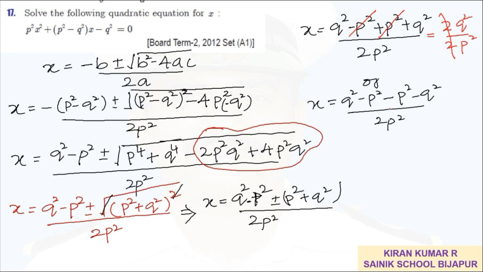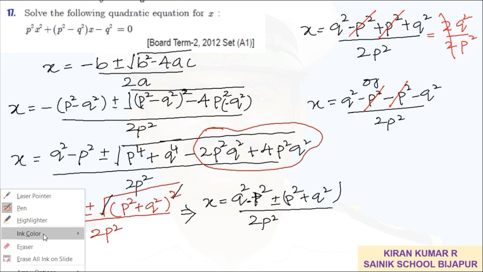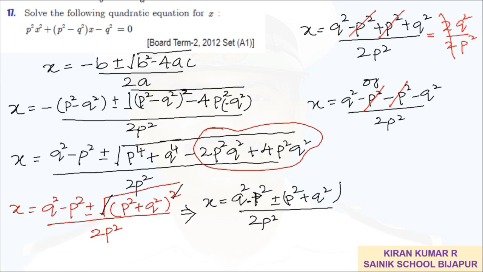This 2 will also get cancelled. Sorry, these are negative p. This will not get cancelled. This will remain as it is. So let me correct this. This will remain as it is.